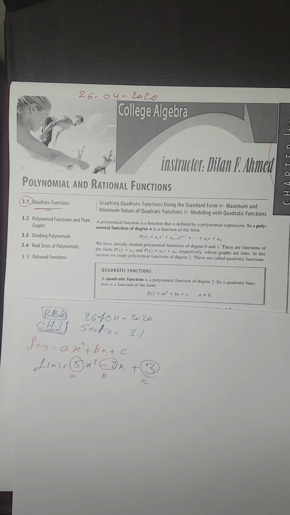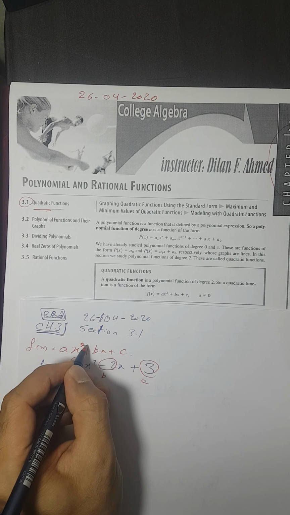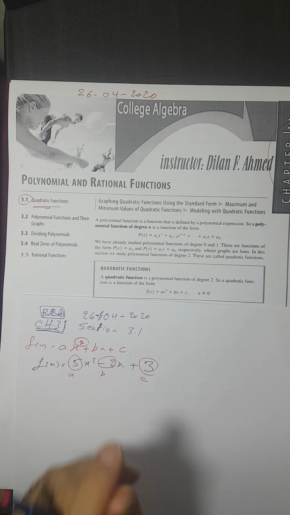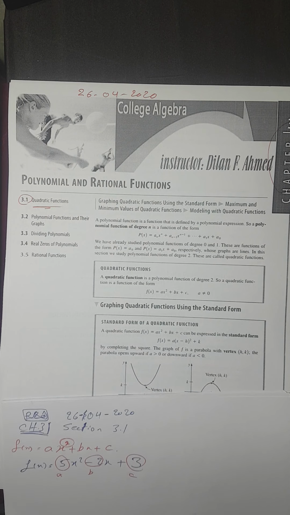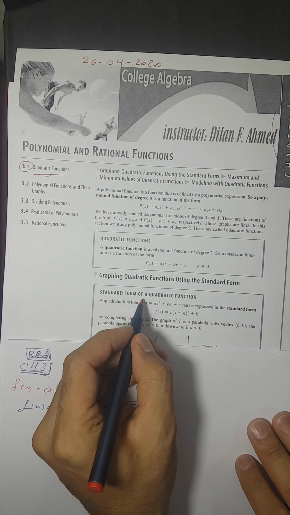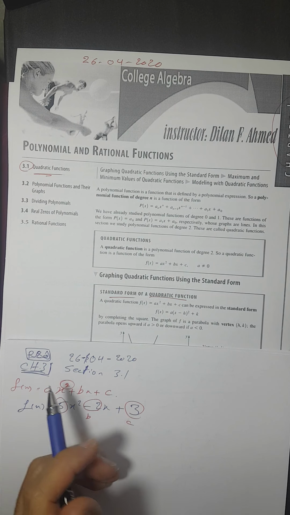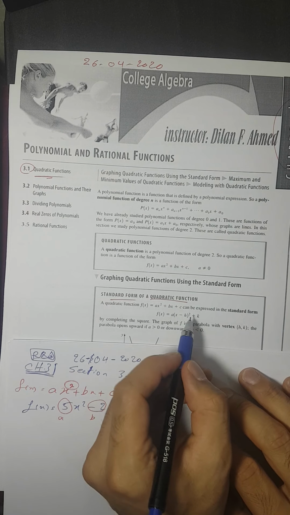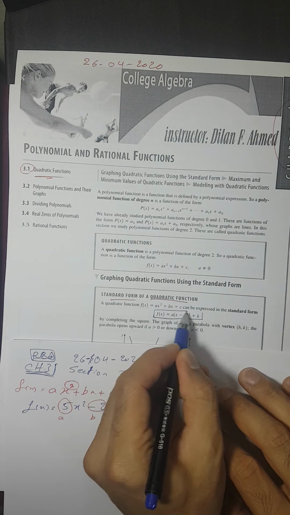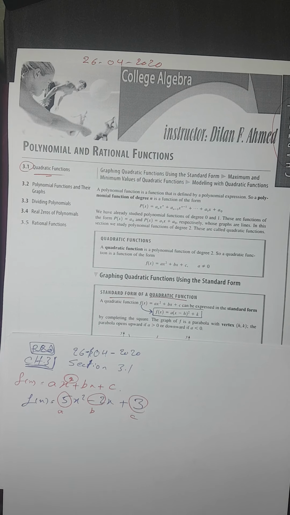In this form, I'm going to tell you about the graph of this function and the standard form of the quadratic function. When we see the standard form, it means you should transform this one to that one.